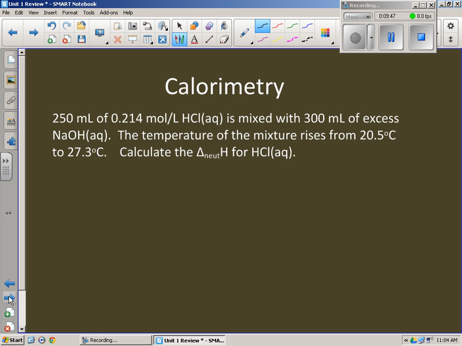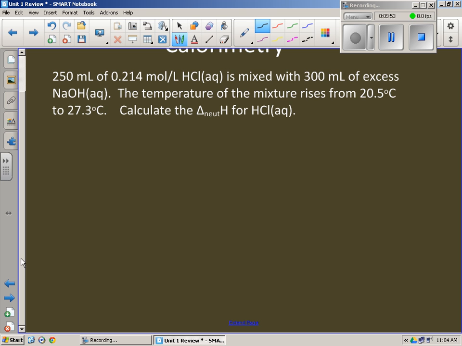All right, next. What do we got next here? Oh, yeah, mixing 2 solutions together. I like this one. They give you the milliliters and the concentration of hydrochloric acid mixed with 300 milliliters of excess sodium hydroxide. So they're telling you you have too much sodium hydroxide.